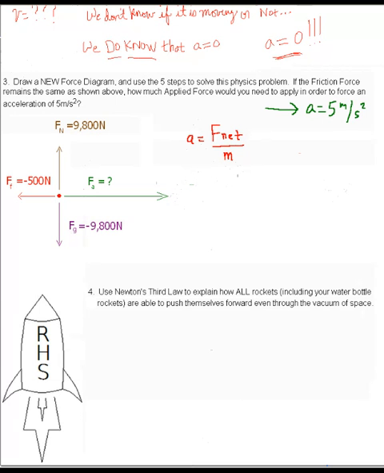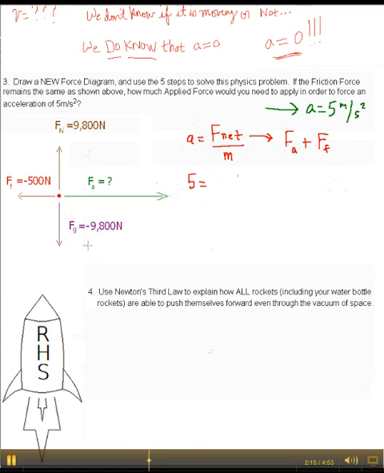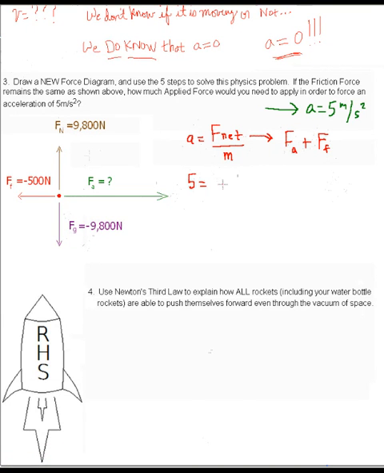I'm going to use a different color here, red. So this is 5, the acceleration, and the net force is going to be the applied force plus the friction. These two forces will cancel each other out and become 0. We could add those if you wanted to, but they're not doing anything.